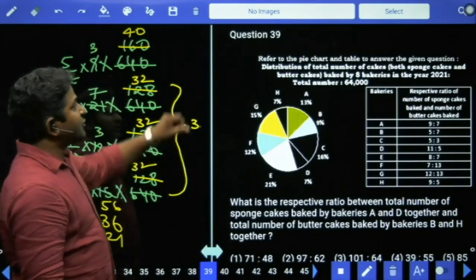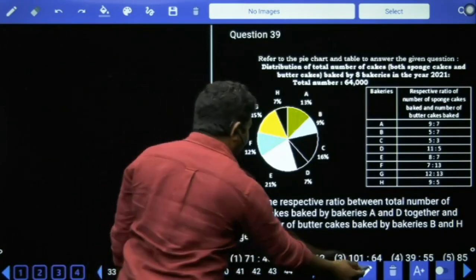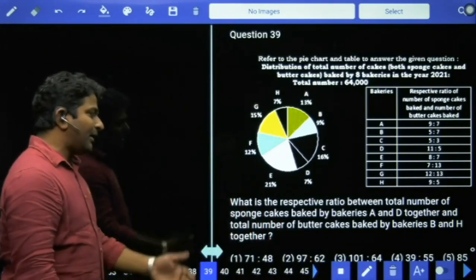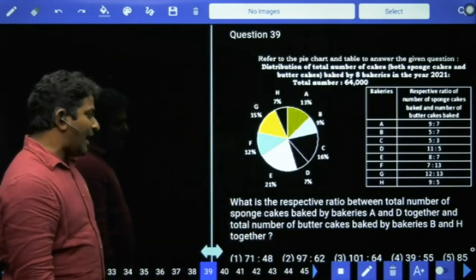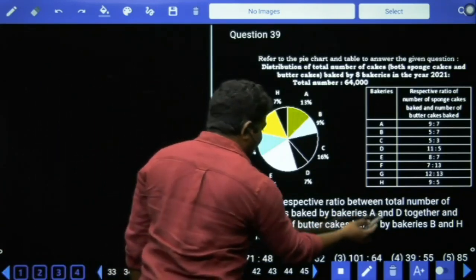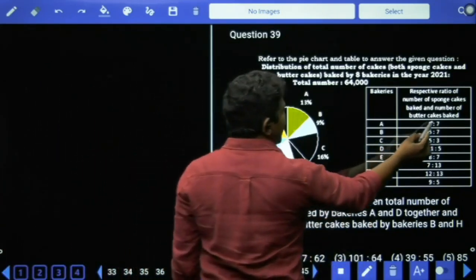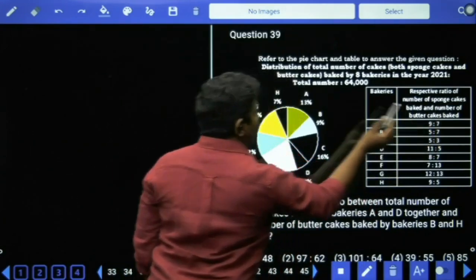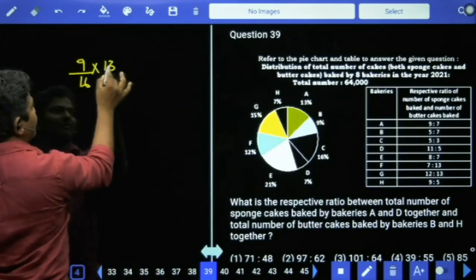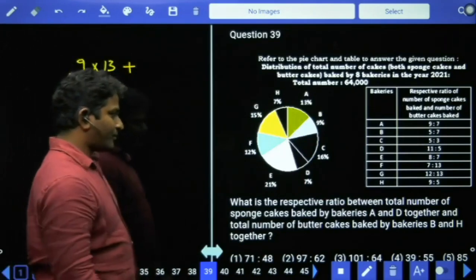What is the respective ratio between the total number of sponge cakes baked by bakeries A and D together and the total number of butter cakes baked by B and H together? Ratio A by B. Sponge cakes by A and D. Sponge cakes, first one, 9 parts out of 16 parts among 13% plus.